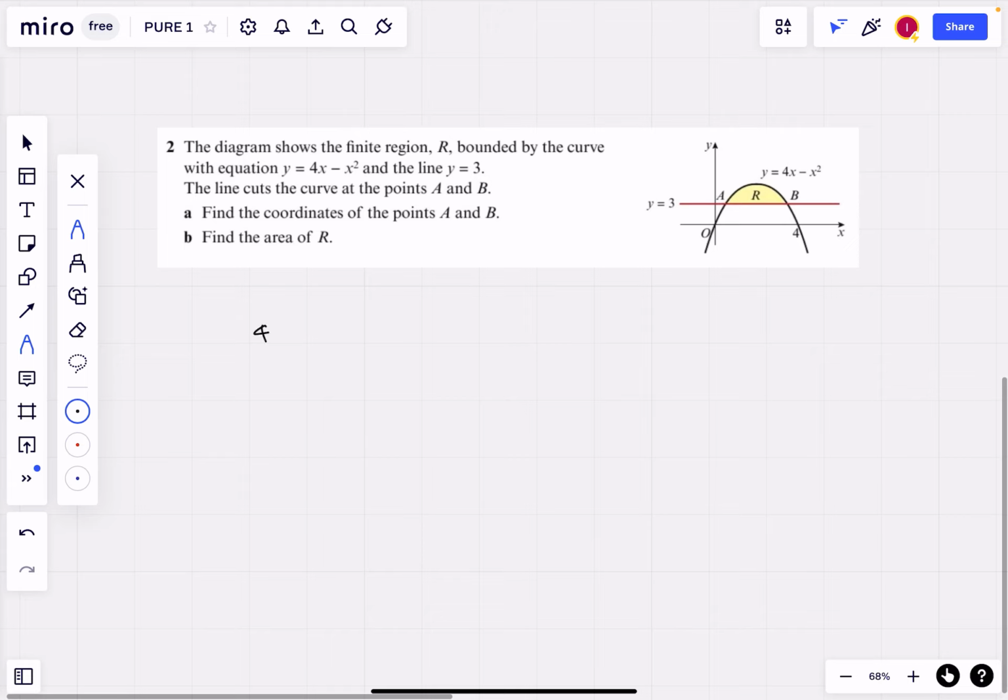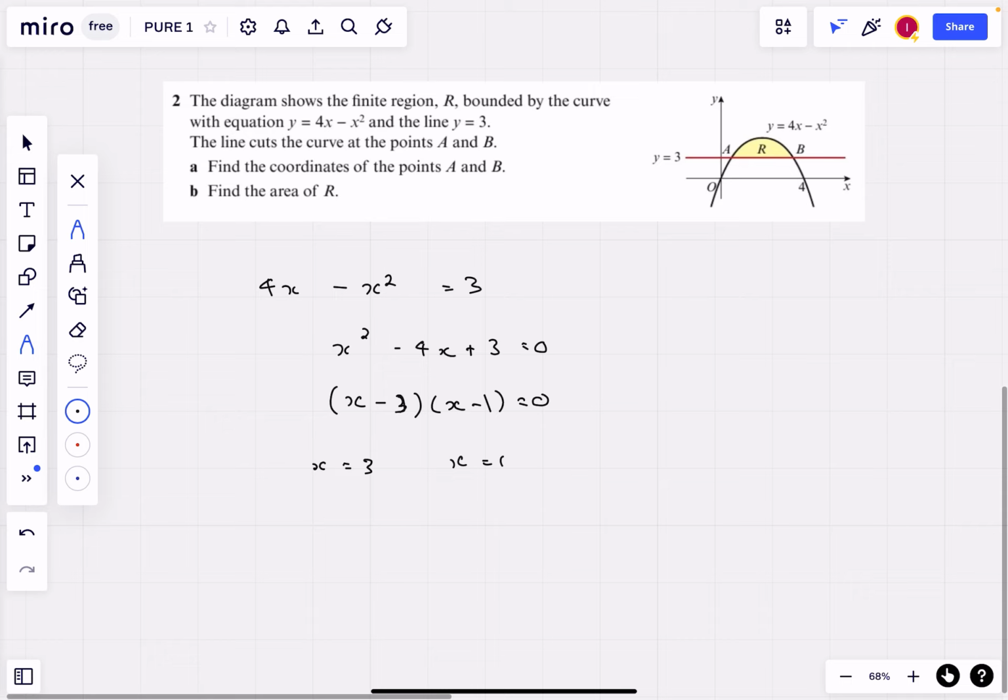So you would make 4x minus x squared equal to 3. And now you just solve. x squared minus 4x plus 3 equals 0, which means (x minus 3)(x minus 1). So that means x equals 1, x equals 3.